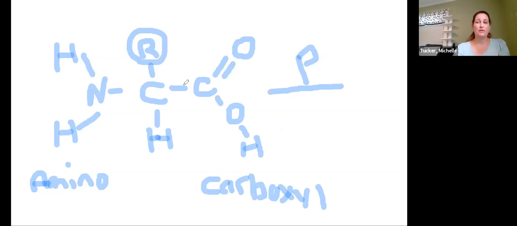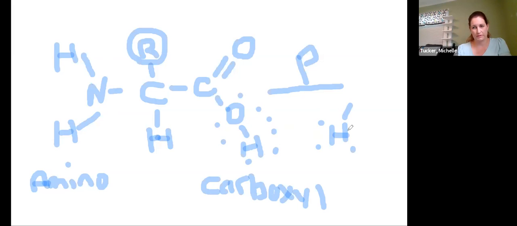And the way we would do that is we would have an amino acid here, and then we'd have an amino acid on the other side. We would take this OH from this amino acid, and then you have to imagine that you've got another amino acid over here. This is the hydrogen off of the amino group.